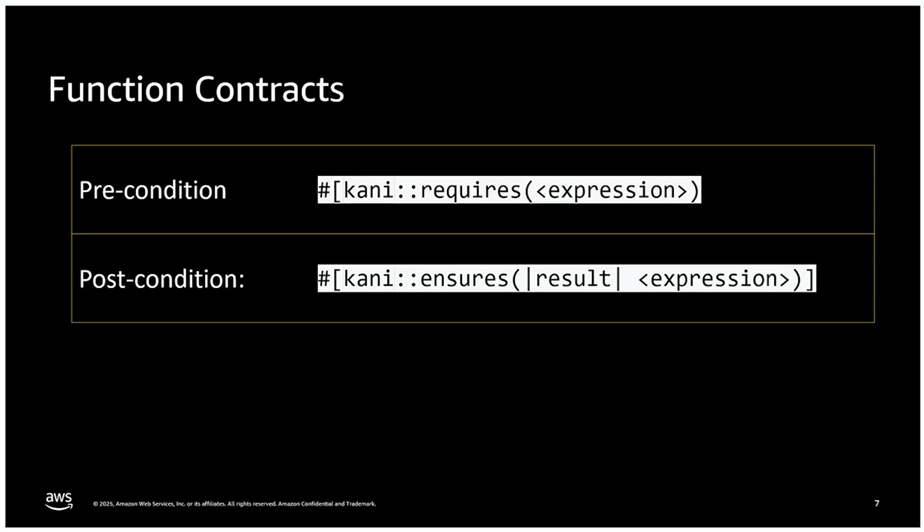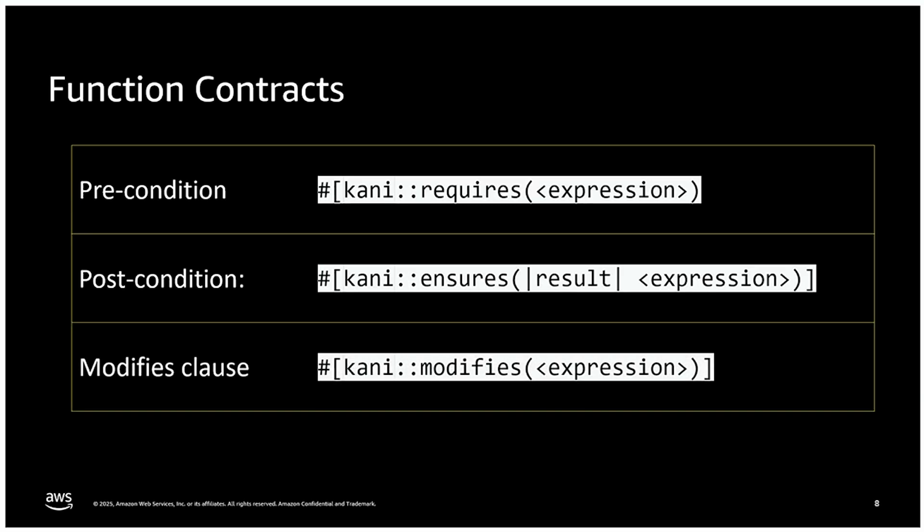Essentially, you implement a closure which takes the result, the return value of the function, as a parameter, and you can specify the postcondition in terms of that return value. And finally, there are modifies clauses. I know modifies clauses are not first-class citizens in every verification tool, but due to the way we do things in the underlying reasoning engine CBMC, we do rely on modifies clauses quite a bit.